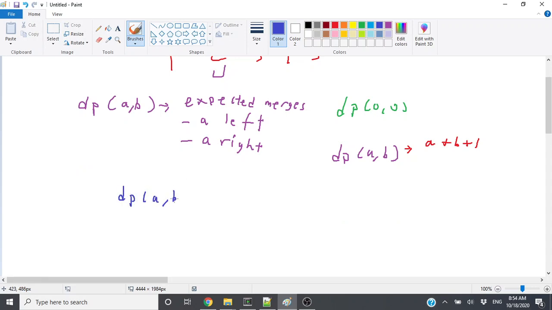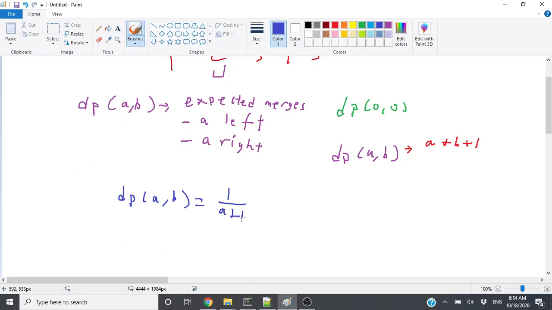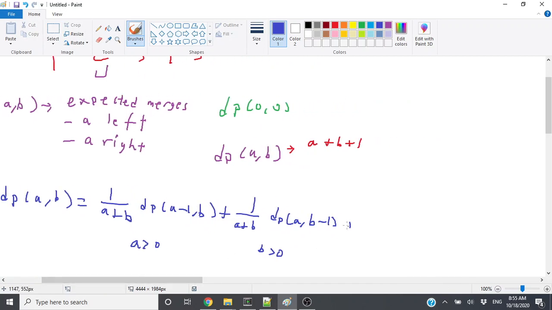So DP of A and B is equal to 1 over A plus B, because that's the probability of making any specific merge, times DP of A minus 1, B, if A is greater than 0, plus 1 over A plus B of making a merge on the right, so DP of A, B minus 1, where B is greater than 0, and then A plus B minus 2 for the rest, whatever these possibilities are.